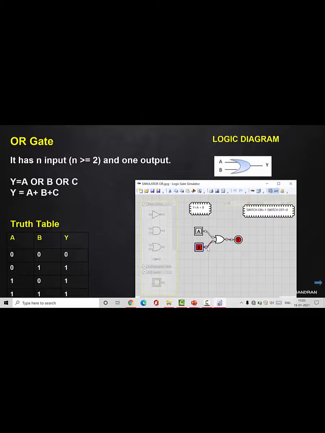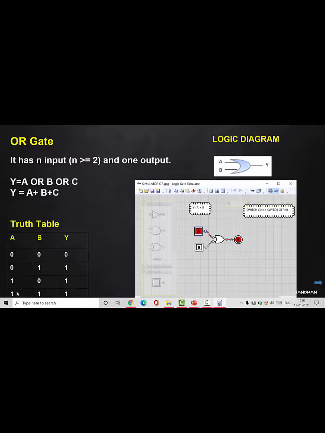Then a flow starts from input to output and the output becomes active. Next case, A is active, B is off. Like this. So whatever value is passed to this A input is now available here in the output.